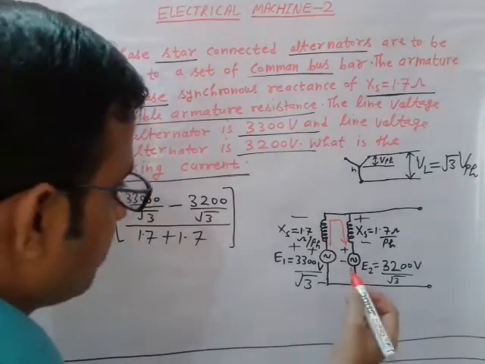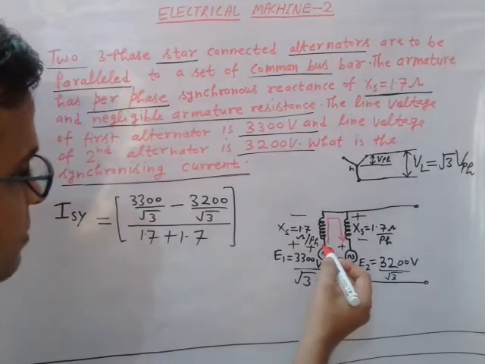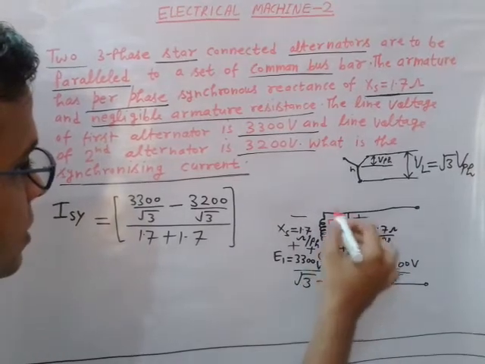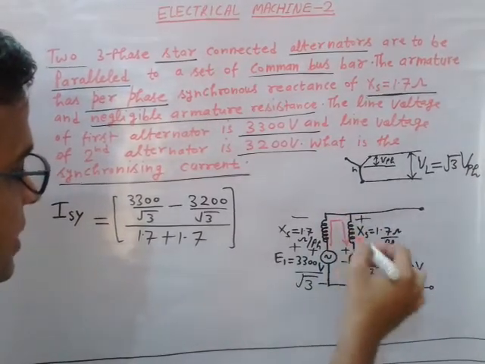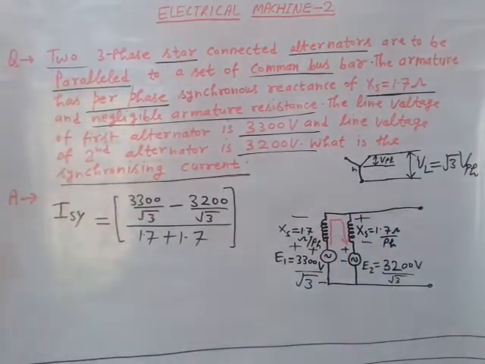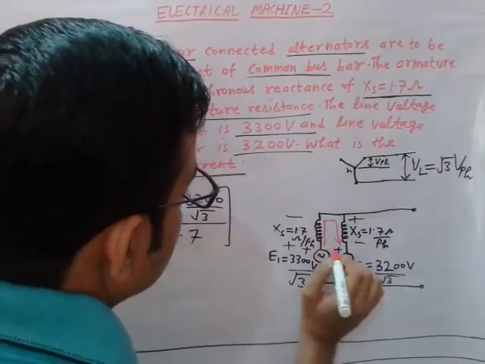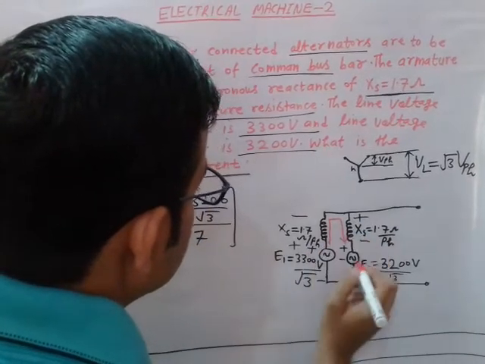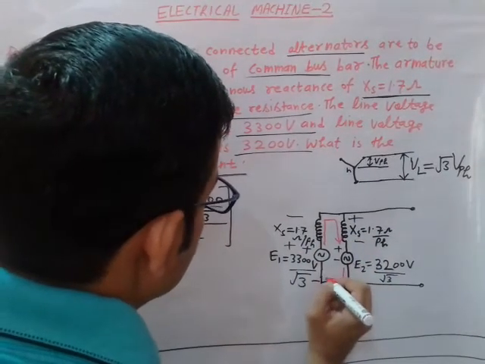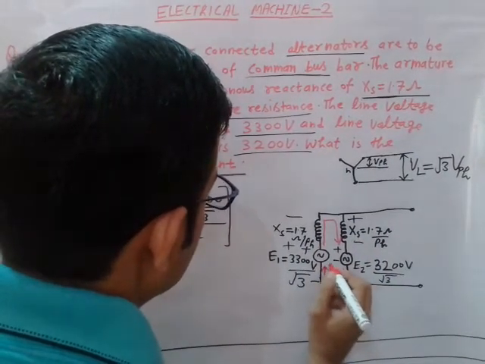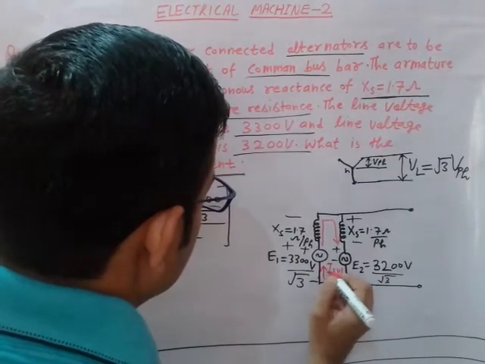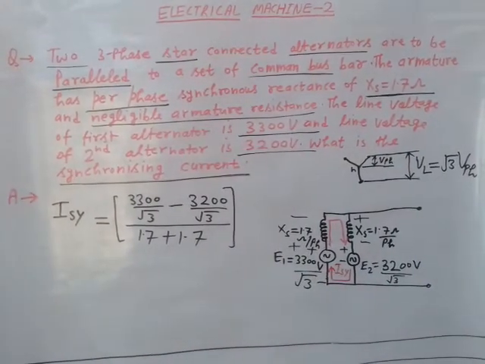Or this voltage minus this voltage divided by the total reactance of the circuit gives this value. This red current is the synchronizing current, I_SY. How much does it come out to be?